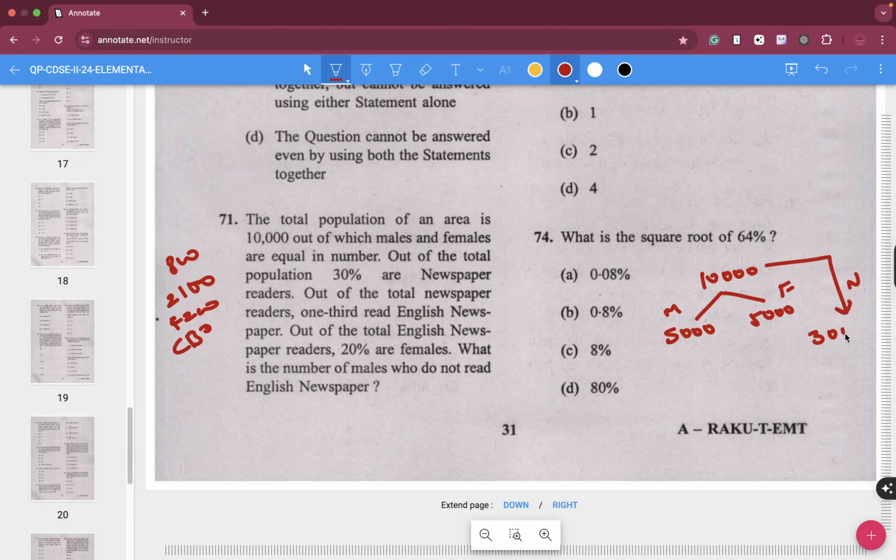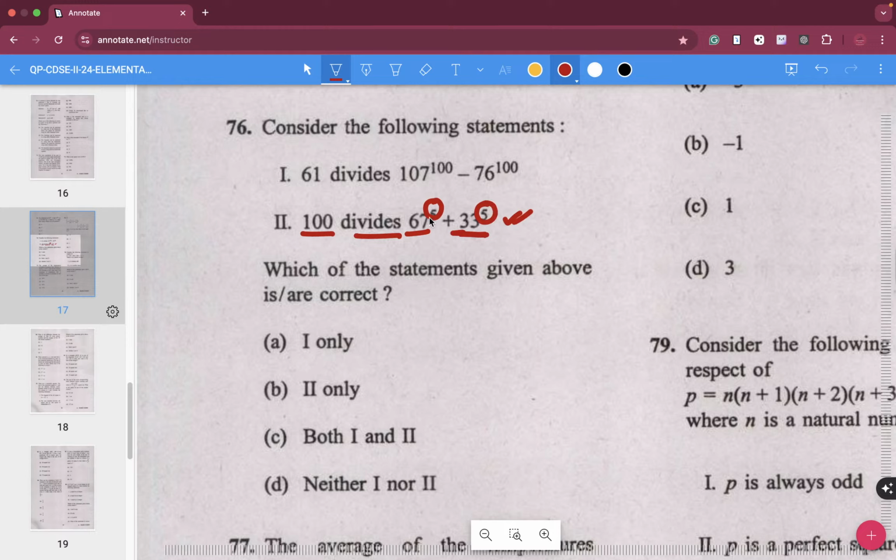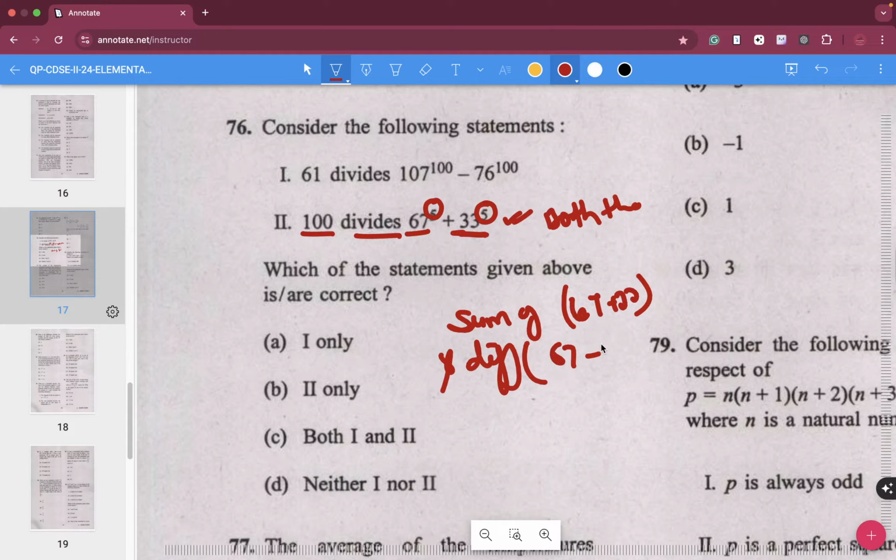Whenever you have this odd power, both the sum of 67 and 33 and the difference of 67 and 33 will divide this particular number. 100 is the sum of 67 and 33, so your second option is the correct one.